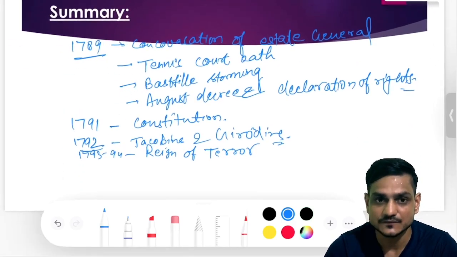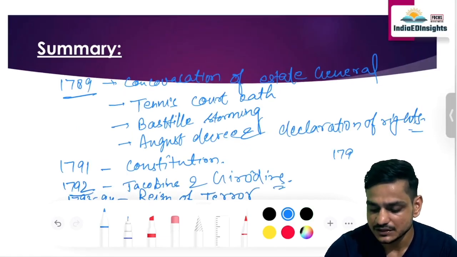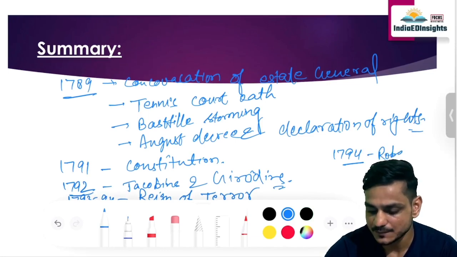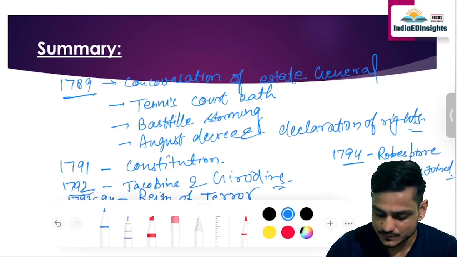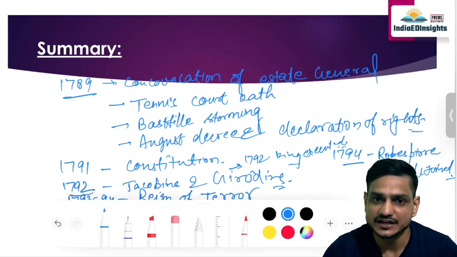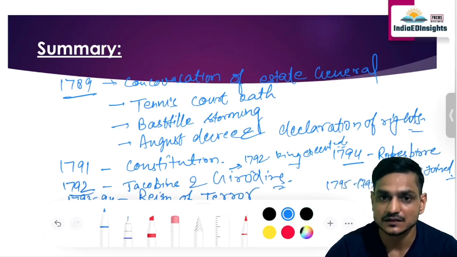In 1792, the King was executed. 1793-94, Reign of Terror. 1794, Robespierre's fall. From 1795 till 1799, Directory rule.